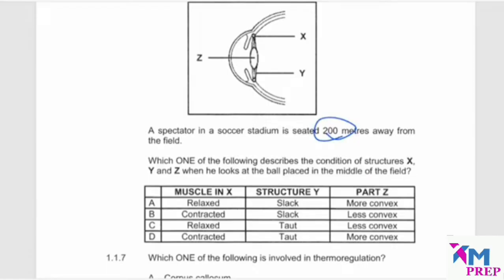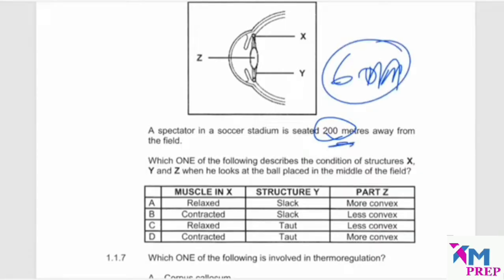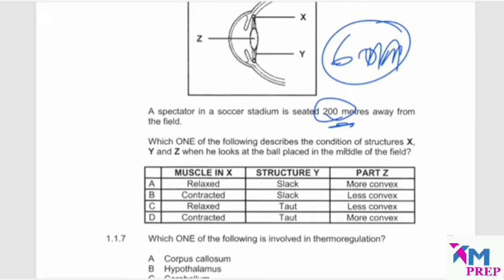Remember, a far object is 6 meters and above. Here it is 200 meters away, meaning that it is a far object. They're asking which one of the following describes the condition of a structure X. Structure X is the ciliary muscles, structure Z is the lens, and structure Y is the suspensor ligament.